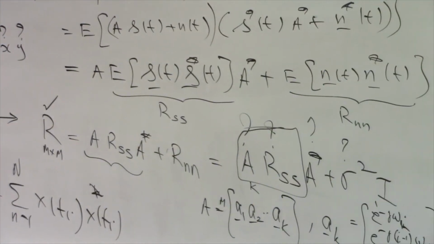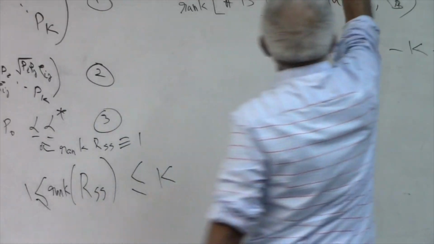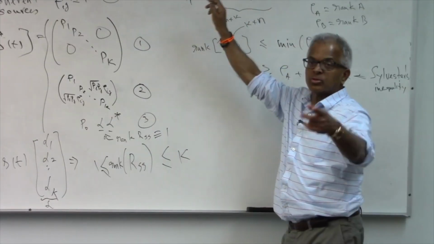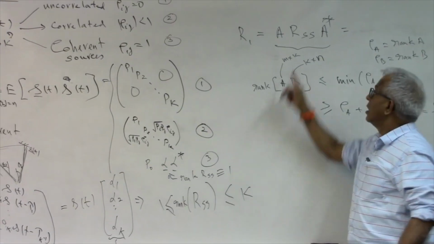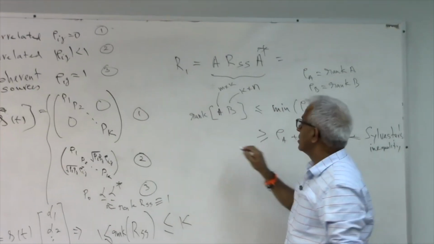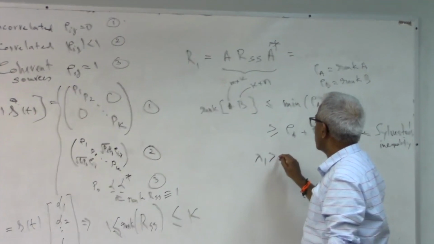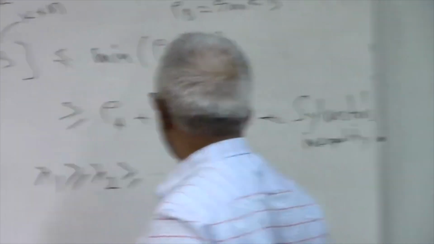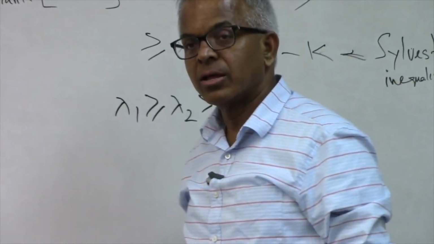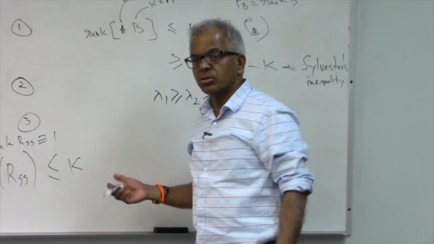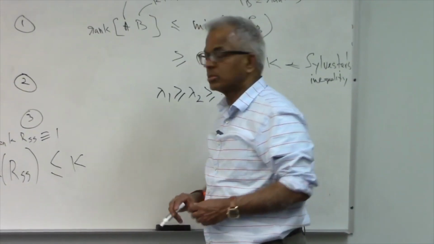Knowing that, once that is done, as he says, I went through this last week. If you do an eigenvalue decomposition, all the eigenvalues will be non-negative, right? But there will be only K non-zero eigenvalues.